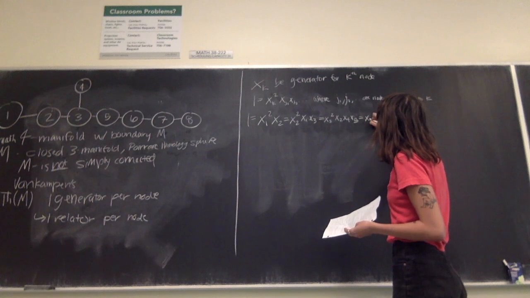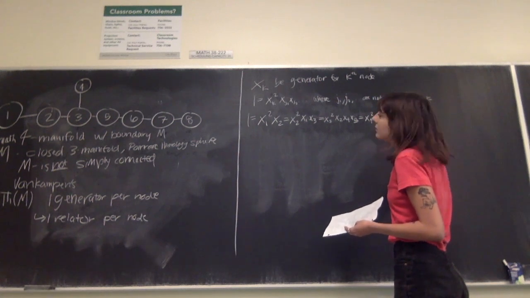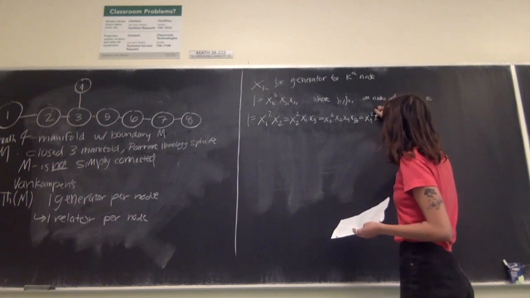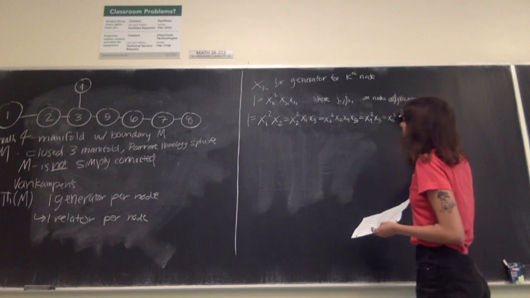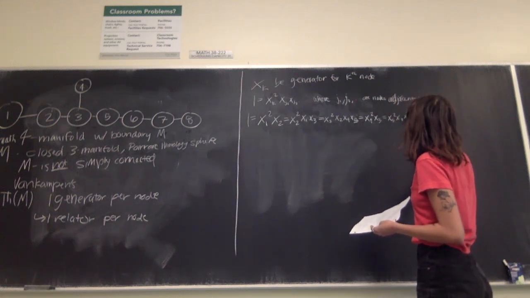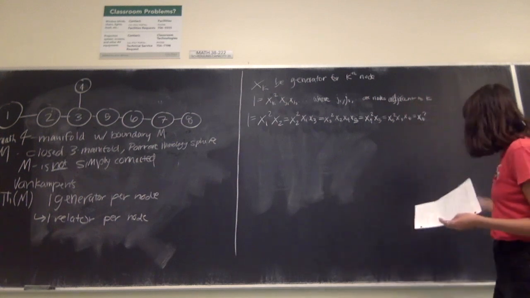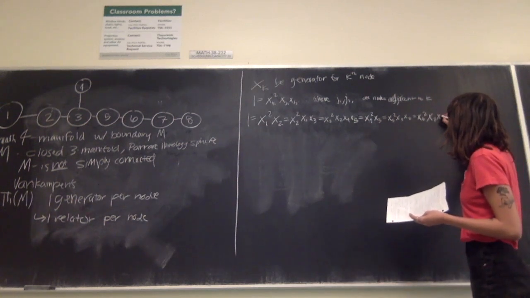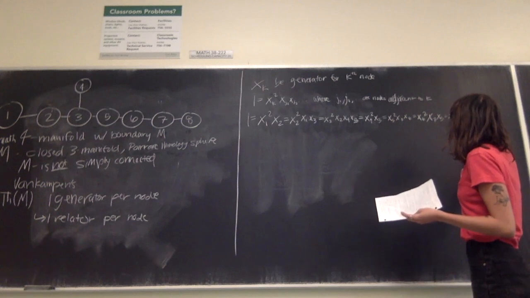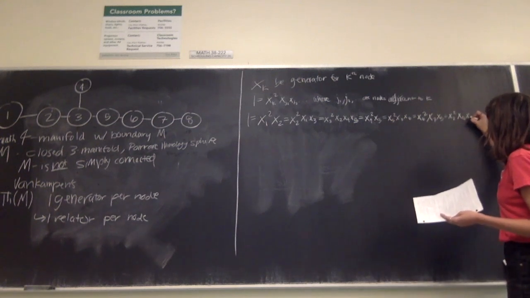And then I'm just going to finish writing this out. Oh, no. x4 is only adjacent to x3. x5 is going to be adjacent to x3 and x6. x6 is adjacent to x7 and x5. x7 is adjacent to x6 and x8.